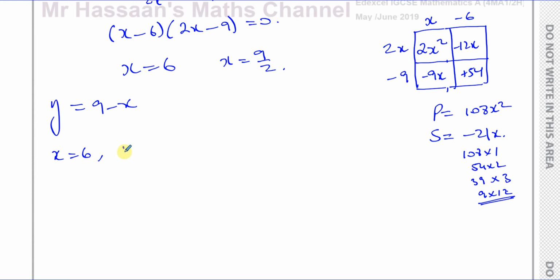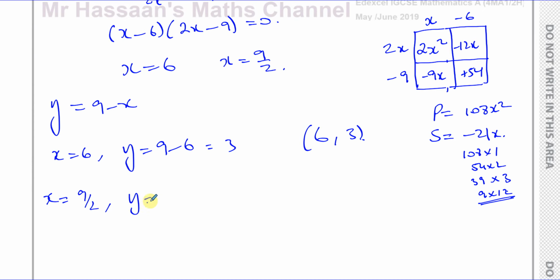So when x equals 6, y equals 9 minus 6, which is 3. So that's one coordinate, 6 and 3. And when x equals 9 over 2, y equals 9 minus 9 over 2, which is 18 over 2 minus 9 over 2, which is 9 over 2.